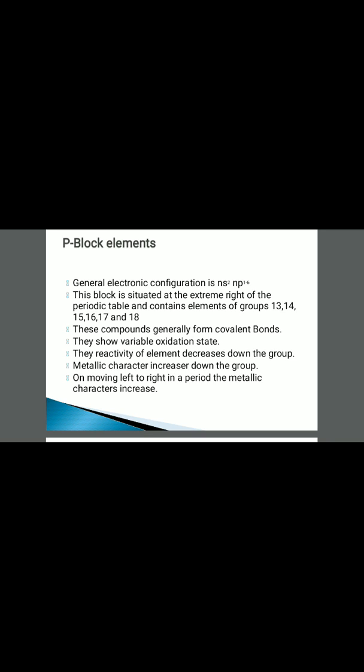P block elements include both metals and non-metals, but the number of non-metals is much higher than that of metals. And elements of S and P blocks are collectively called representative or normal or main group elements. This is a very important point.